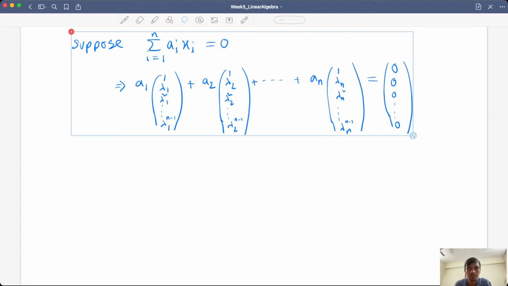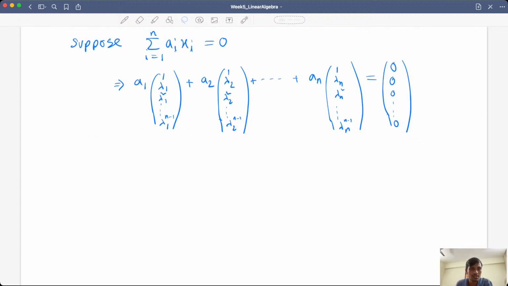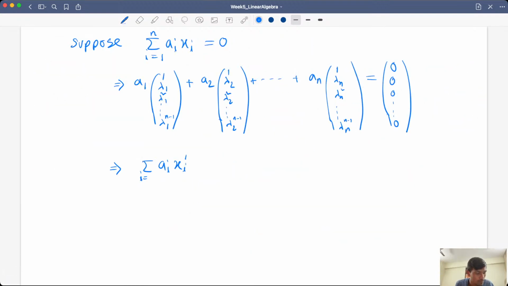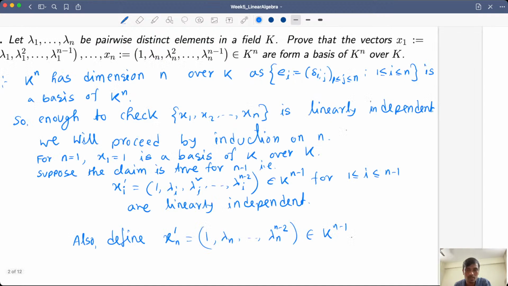Suppose this relation holds. Then I can equivalently write the first n minus 2 relations, that means the entries 1, lambda 1 squared, up to lambda 1 to the power n minus 2, and by this definition that is the sum of ai xi prime, for i equal to 1 to n, equal to 0.